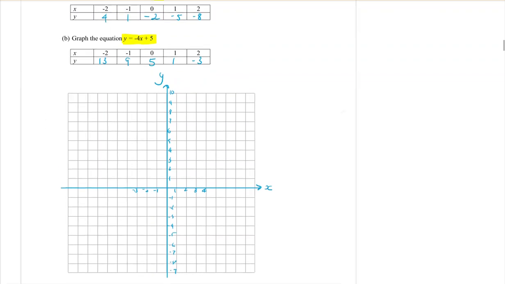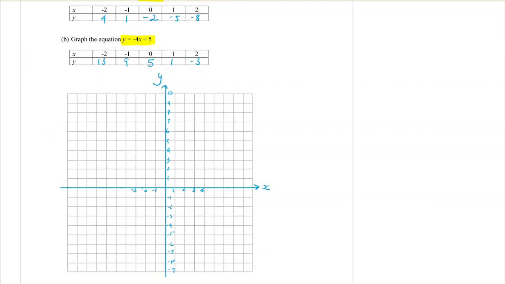Now our first equation up here, you can see at the top of the page, the first point was minus 2 and 4. So with a different color pen, I go to minus 2 on the x-axis and up to 4. Then the next one was minus 1, positive 1, 0 down to minus 2, 1 down to minus 5, and 2 down to minus 8.